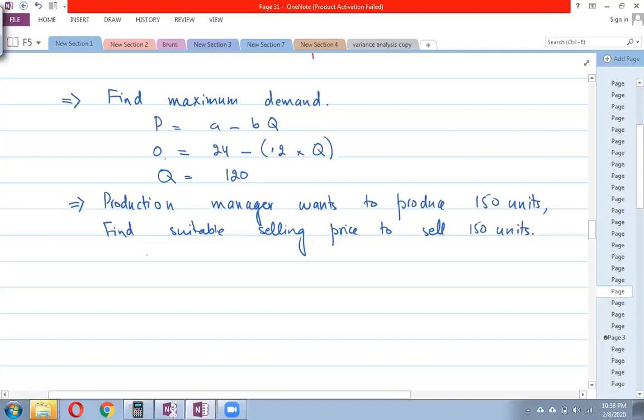Can you find a suitable selling price? P is equal to A, which is 24, minus B, which is 0.2, multiplied by Q. We want to sell 150. So what should be the selling price? Can you find me the selling price?